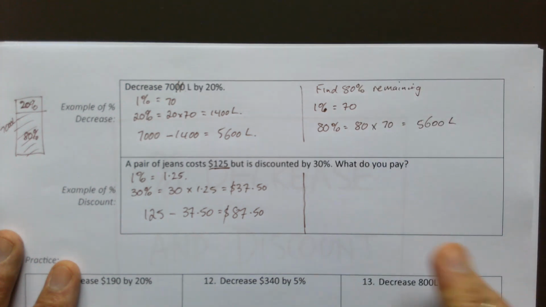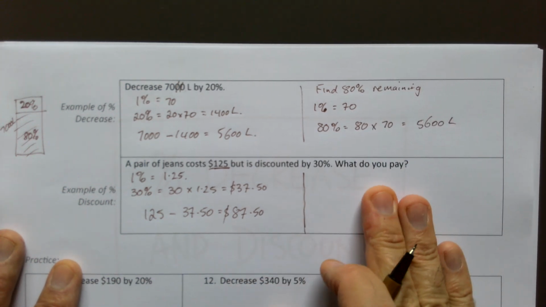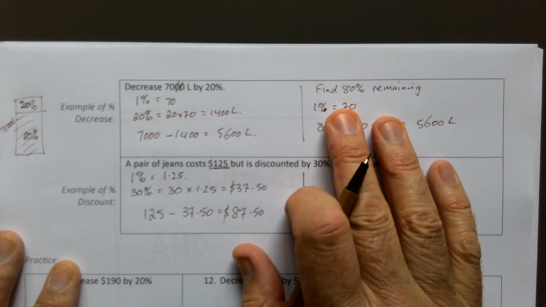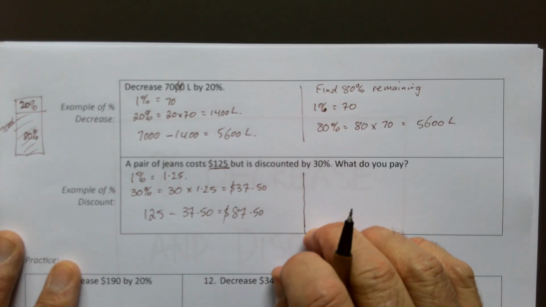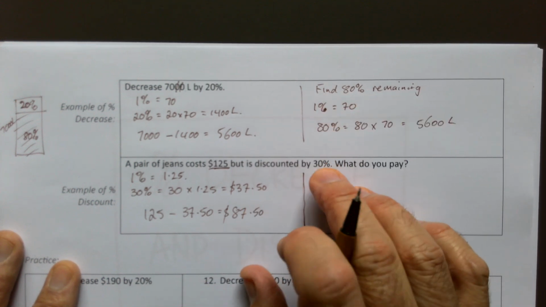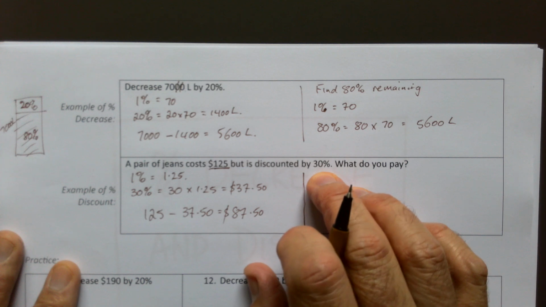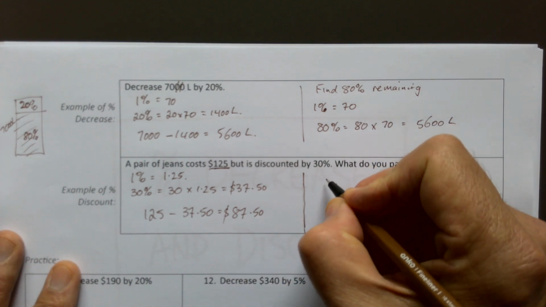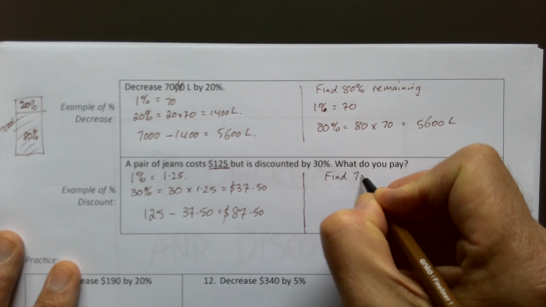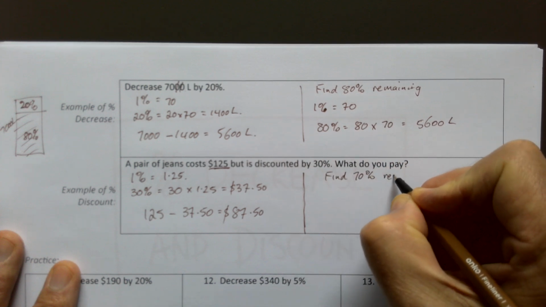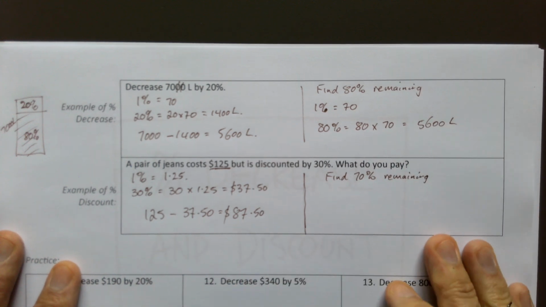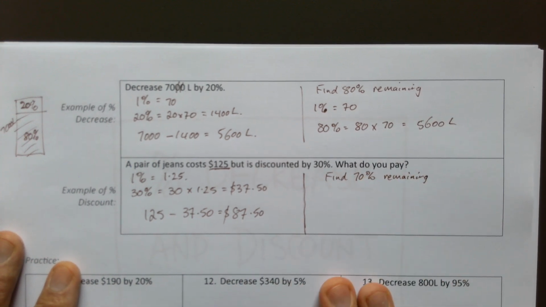But we're talking about this other method over here, which is still based on the 1% thing, but a slightly different angle. If I'm chopping 30% off it, that means 70% is left. So if I find the 70% that's remaining, if 30% of the price is gone, I'm only left with 70%.